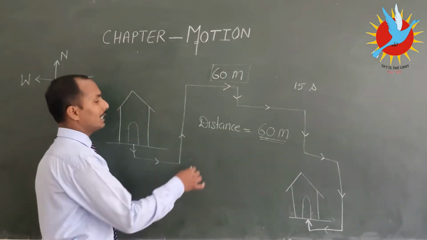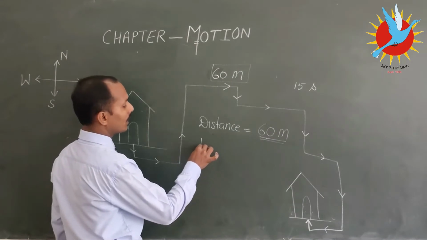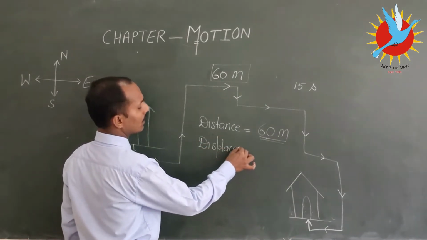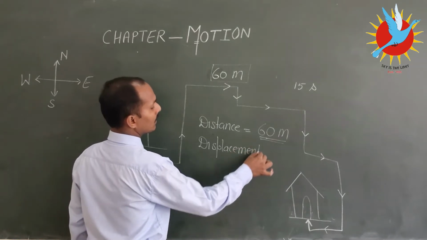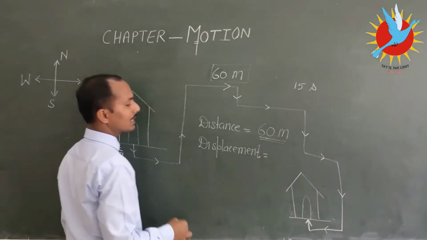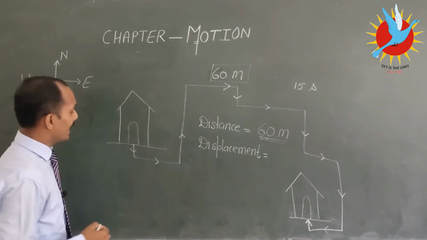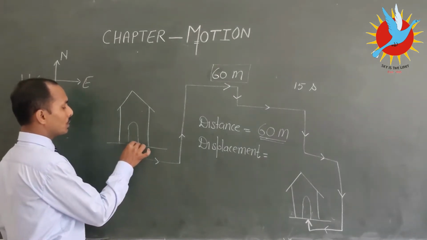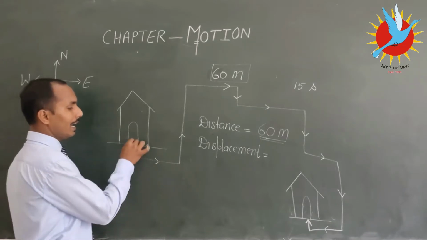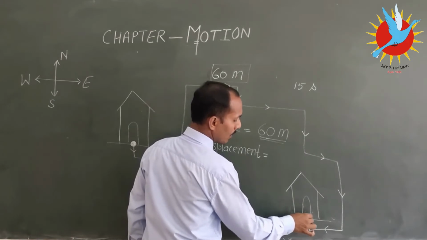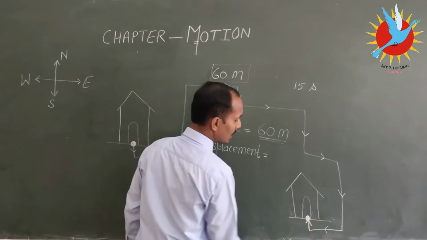Now the next topic is displacement. Suppose this position is the initial position x1 and this is the final position x2. Every object has its position.